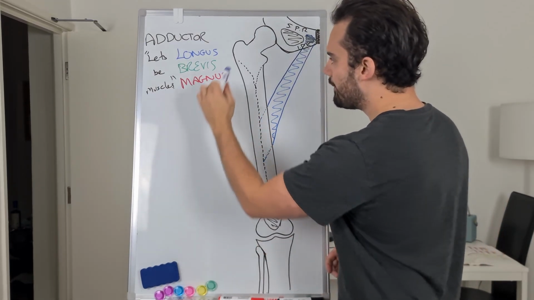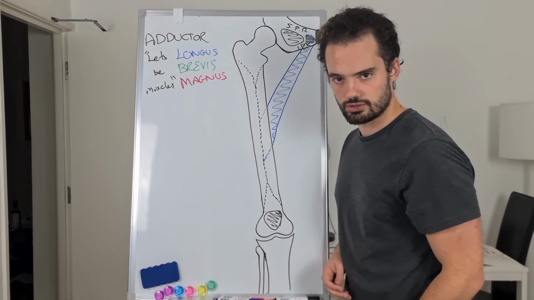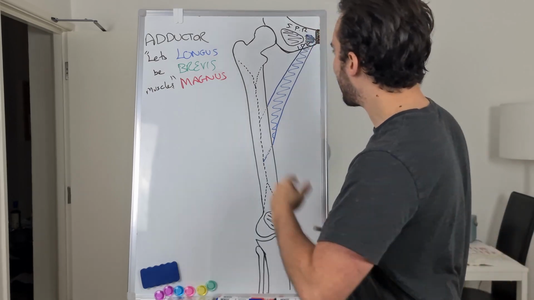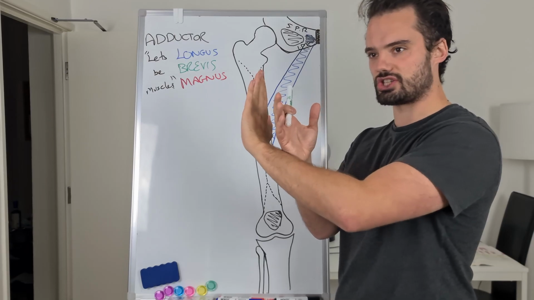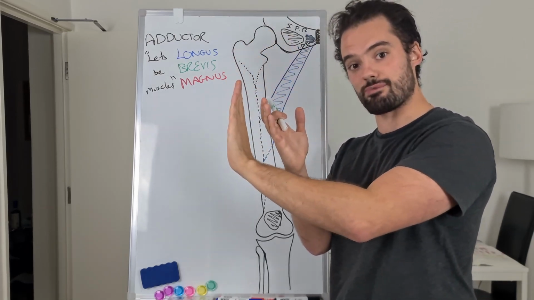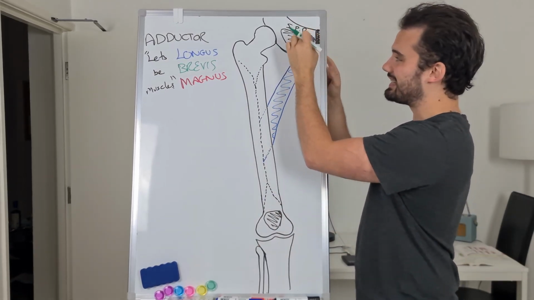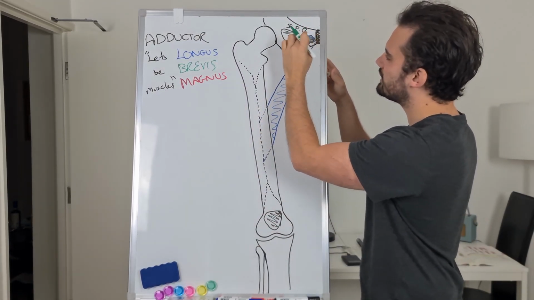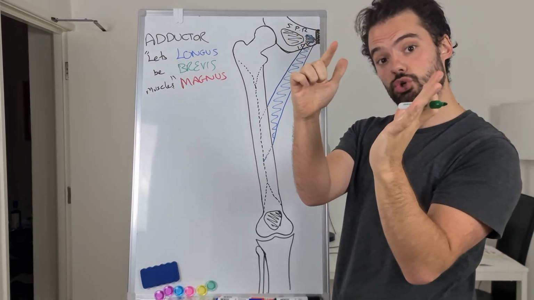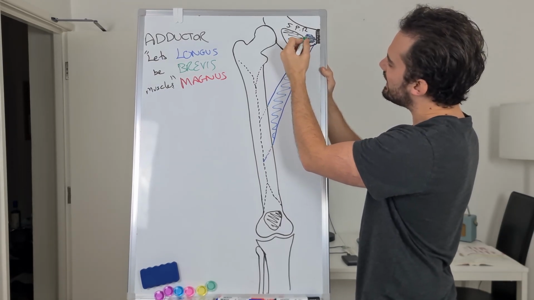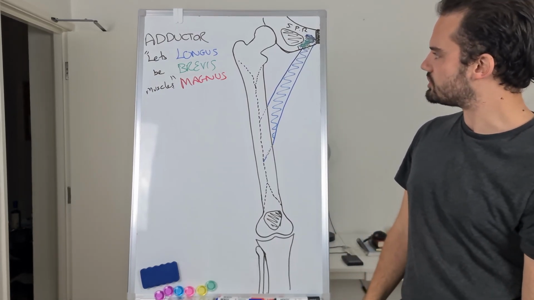Nice and easy. Brevis, adductor brevis. Remember, brevis has to be shorter than longus, otherwise it wouldn't be called brevis. And it's going to be behind longus. A lot of the time you have to move longus out of the way in order to see brevis behind it. Adductor brevis has pretty much exactly the same origin, the body of the pubis, maybe a little bit further down, in keeping with it being shorter. So maybe we're moving into the inferior pubic rami as the origin.